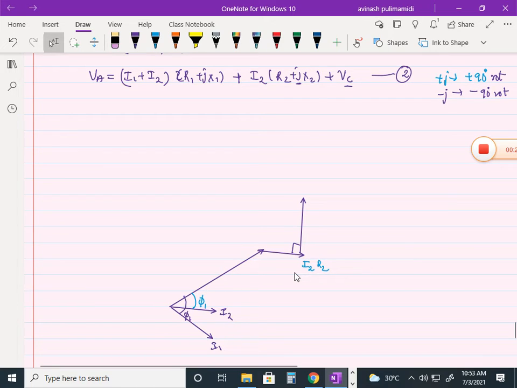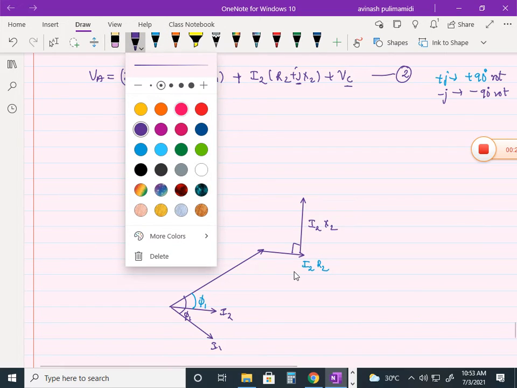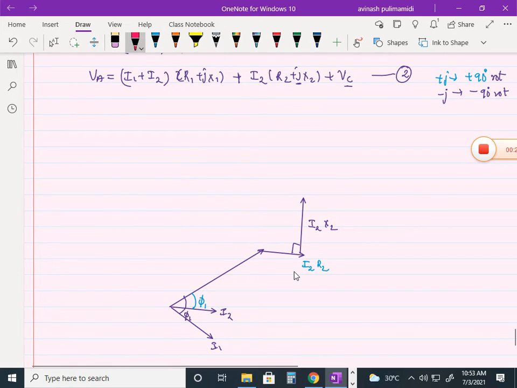So this will be I2 into X2. Now the resultant will be VB. VB is nothing but I2 into R2 plus JX2, so the resultant combination of I2 into R2 plus JX2 plus VC. So this is VC.